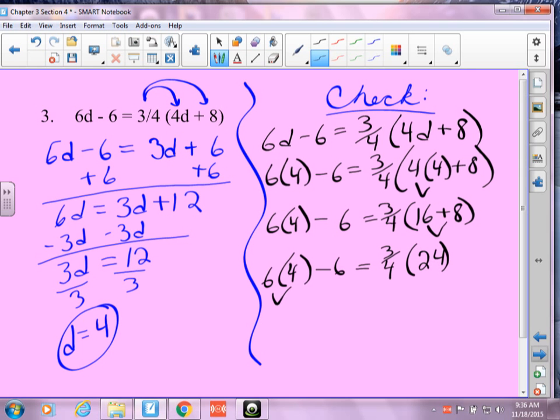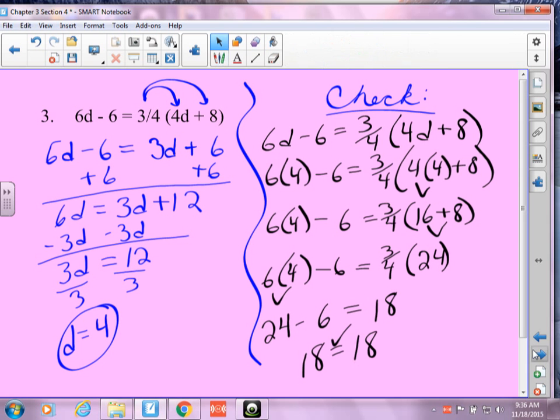Then I can go ahead and multiply from left to right. Questions? Not so bad, right? We're okay so far?